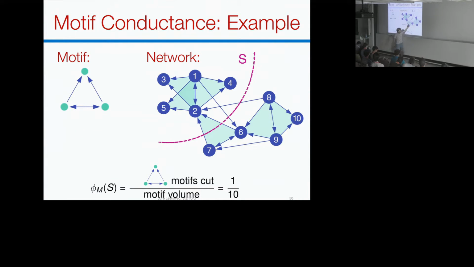So just think of this as a network that continues here forever. What you divide by should be the minimum of the motif volume in S and not in S.